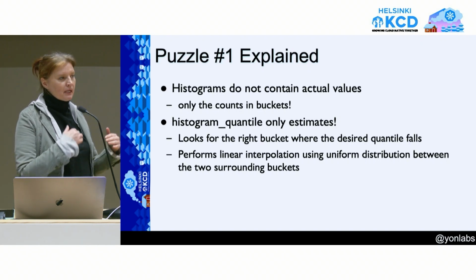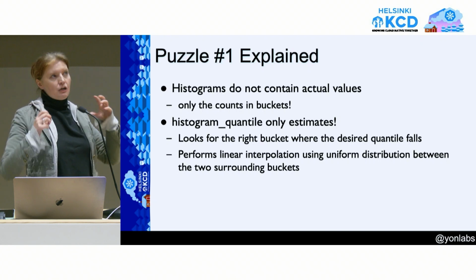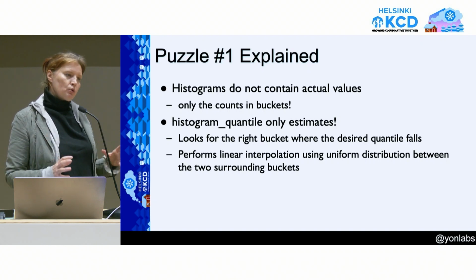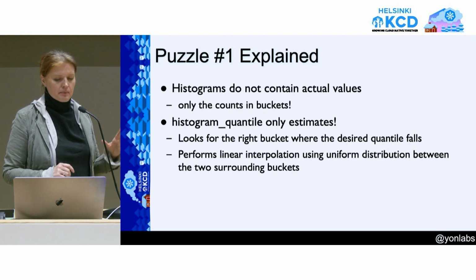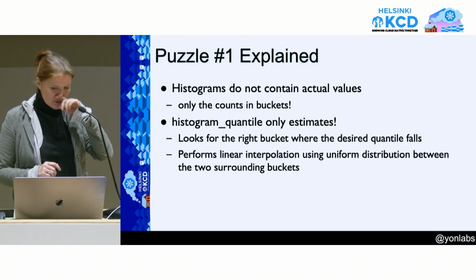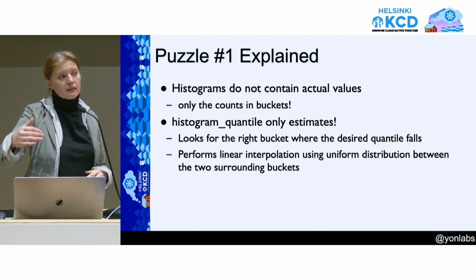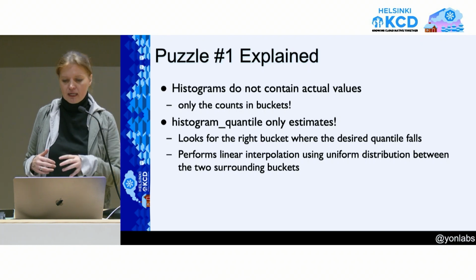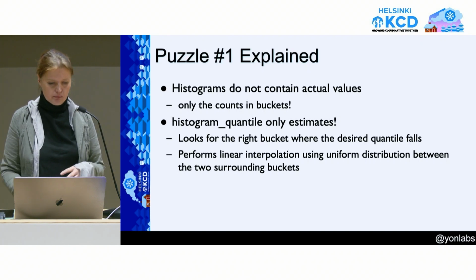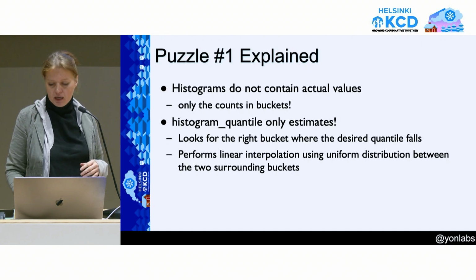So a histogram quantile function is not able to calculate the actual raw value. It can only estimate. So it looks for the right bucket where the desired quantile falls in, and then performs linear interpolation using uniform distribution between the two surrounding buckets.